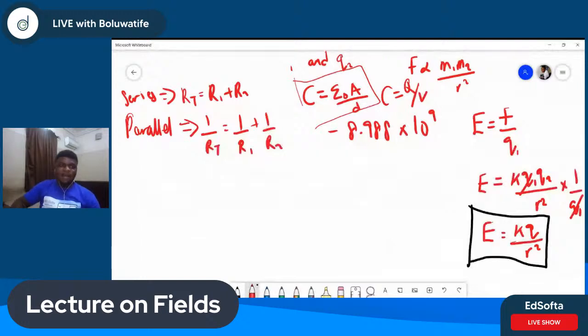The inverse is what happens for capacitors.